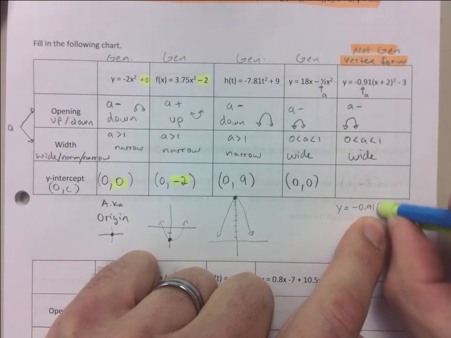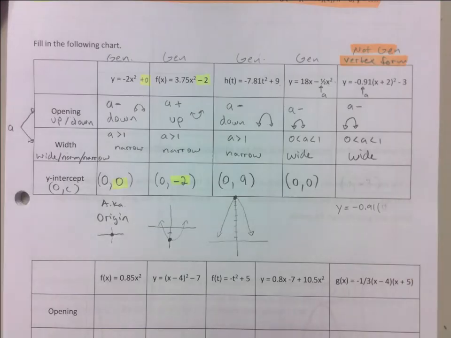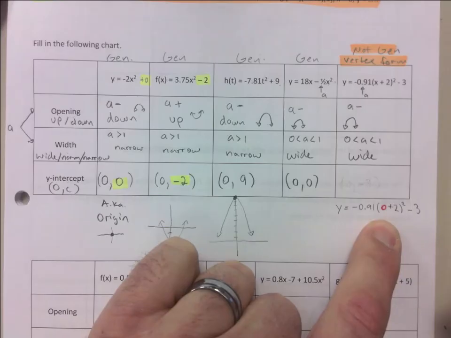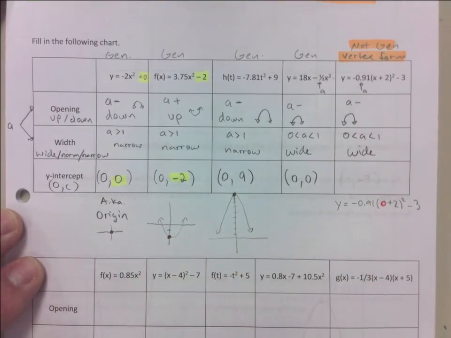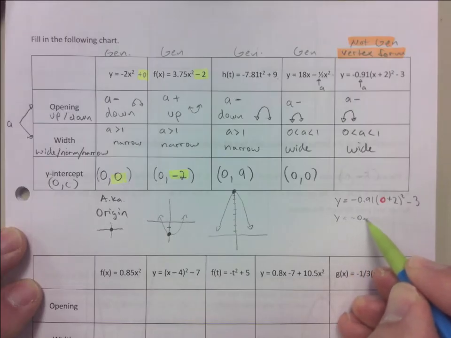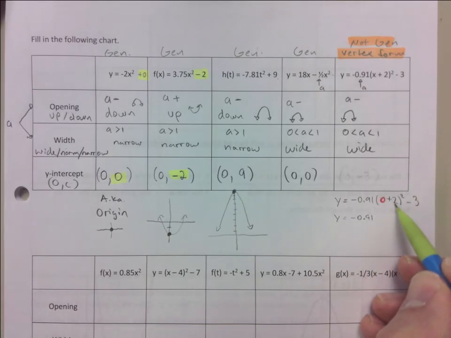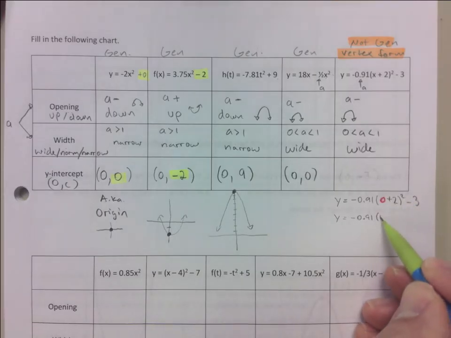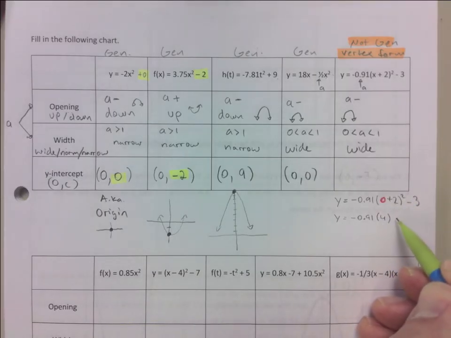You want that red pen on that one so it sticks out? 0 plus 2 squared minus 3. What is 0 plus 2? 2. What is 2 squared? 4. Minus 3.